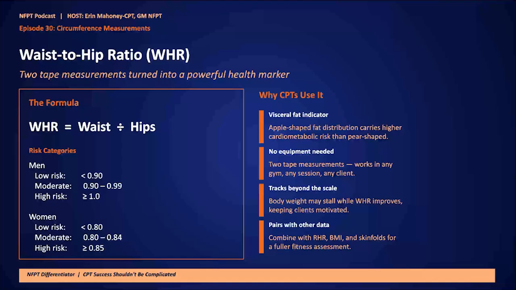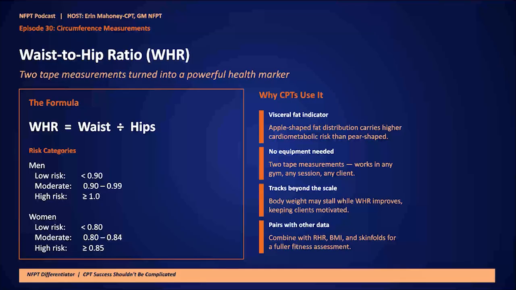So a client's body weight might be fluctuating throughout the month, but their circumference measurements aren't going to have those same types of fluctuation. And clients, especially when they're trying to lose body fat, will be losing inches all over. So you'll want to be taking measurements, not just at the waist and the hip, but everywhere, because it really helps with the motivation levels and lets them see a very clear view of how far they've come.